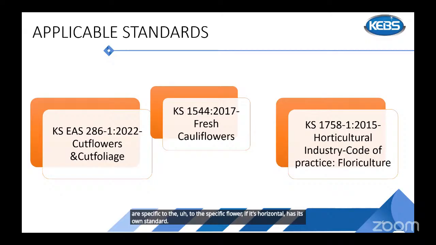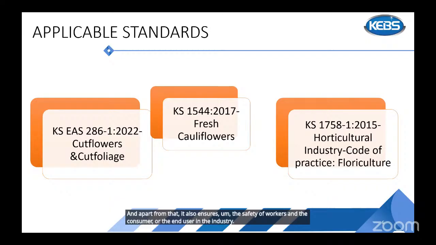Then we also have another standard, which is the KS 1758 Part 1, which is the Code of Hygiene in the horticultural industry practice. This standard basically talks about the hygiene and safety requirements during the production, handling, and marketing of flowers and ornamentals. Apart from that, it also ensures the safety of workers and the consumer or the end user in the industry.